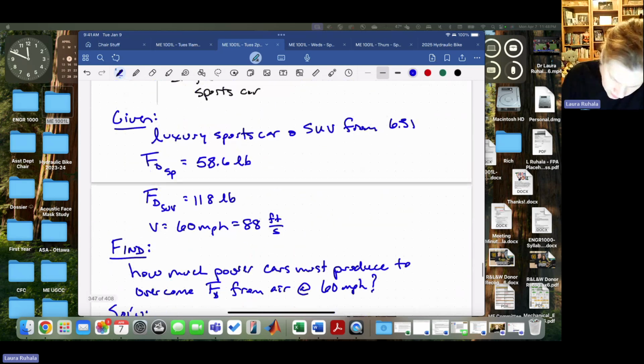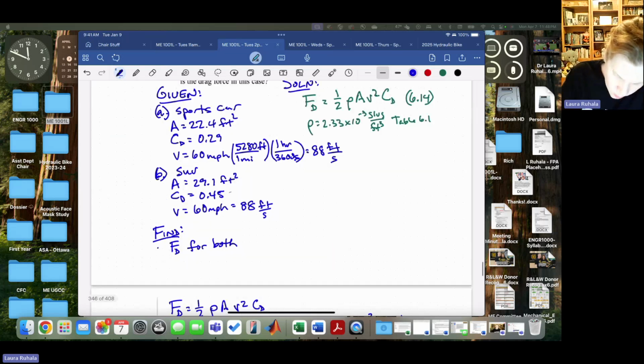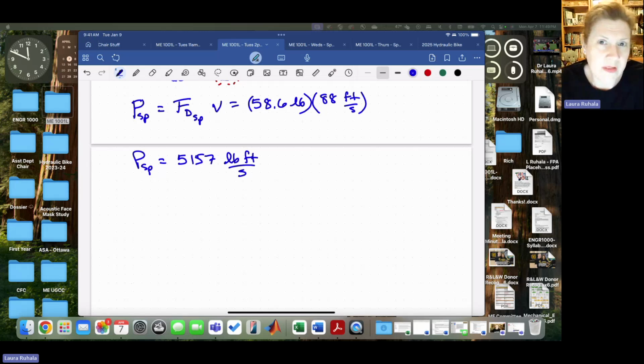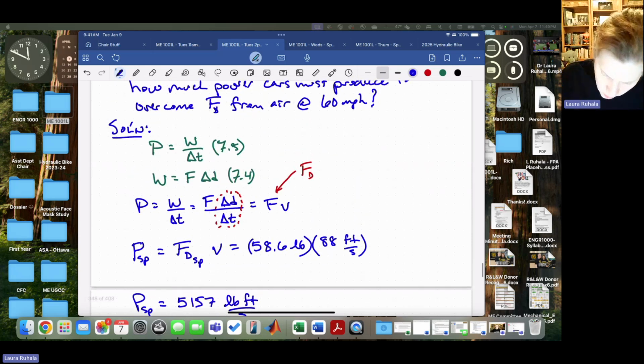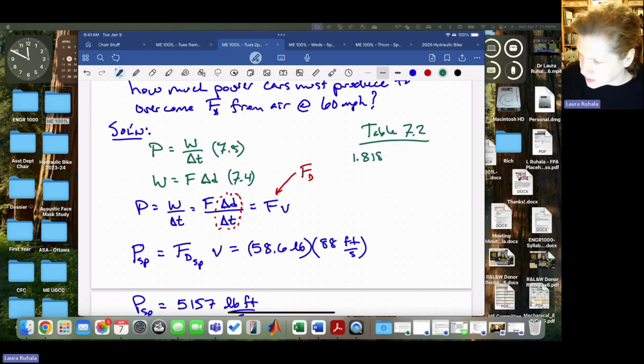Does it say what it wants the unit in? Well, when we talk about power in the US customary system, we really talk about it in terms of horsepower. So let's go ahead and convert to horsepower. Let me see, that was table 7.2. I see that it's 1.818 times 10 to the minus 3 horsepower per foot-pound per second.